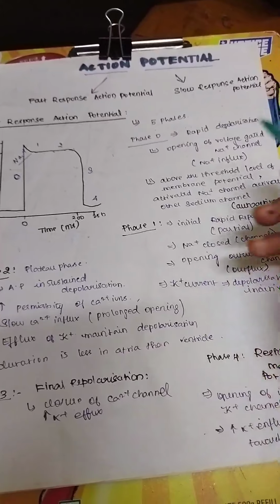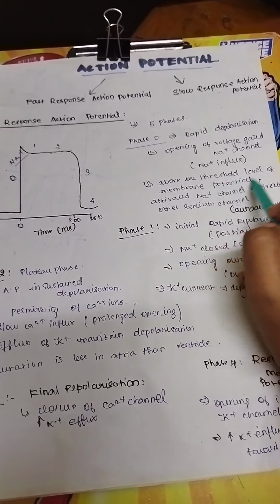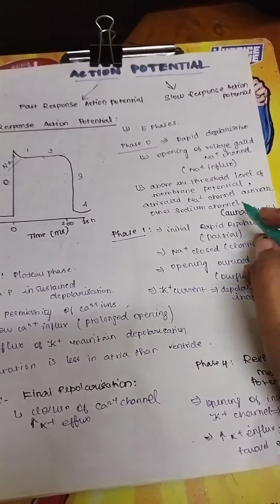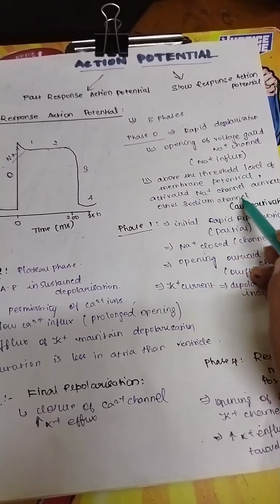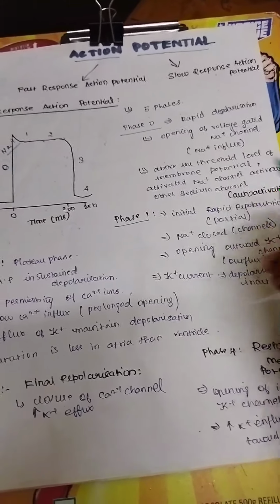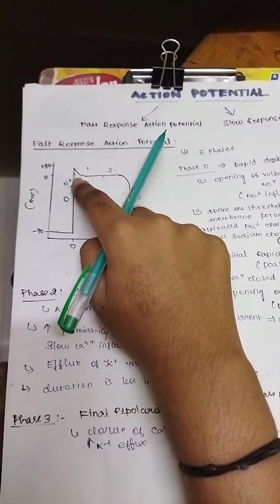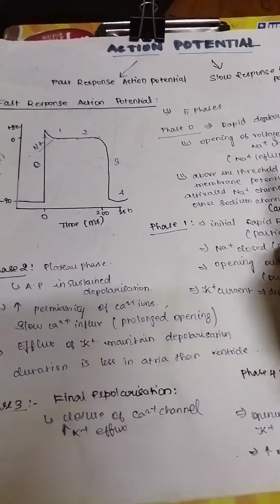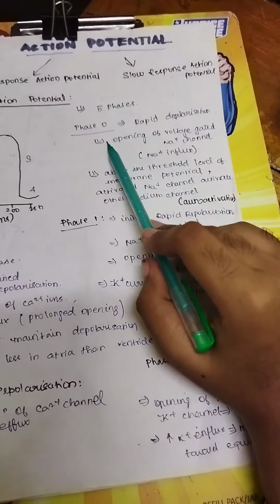Once the sodium level goes above the threshold level, the increased sodium further activates other sodium channels present in the myocardial cells. This further increase in sodium causes a rapid depolarization, and that is what we call phase 0.